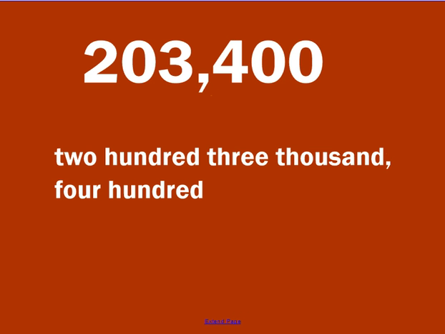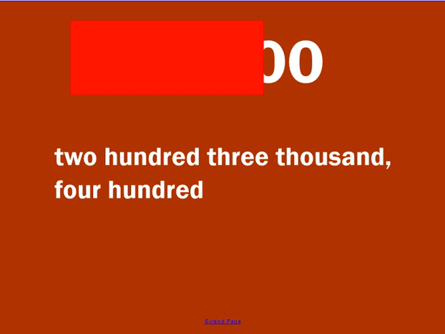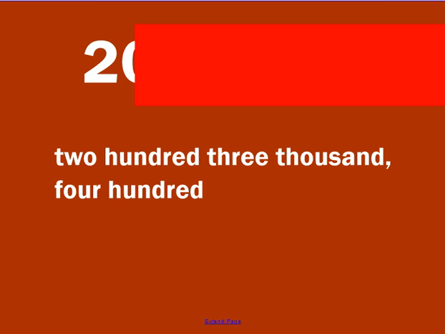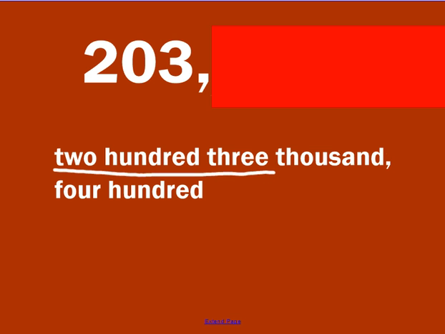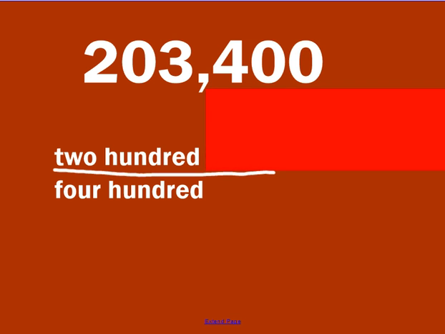Here we have 203 blank 400. So covering it up again, if you can't get this the first time, I recommend doing this. Just cover it up with a piece of paper or your hand and move to the right until you reach a comma. Which number do you see right now? 203. Now I can move my piece of paper and count how many commas I have.